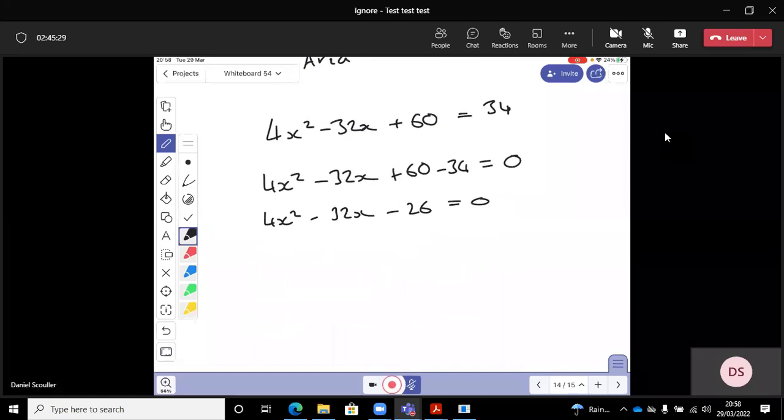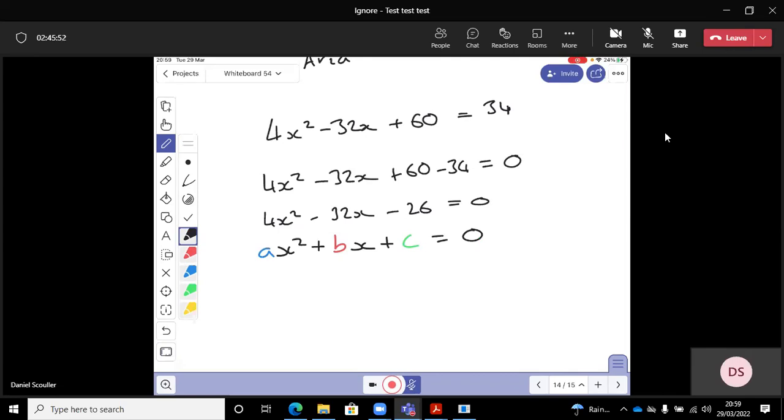And now we've got it in the form. Okay, that's the form that we need it in.